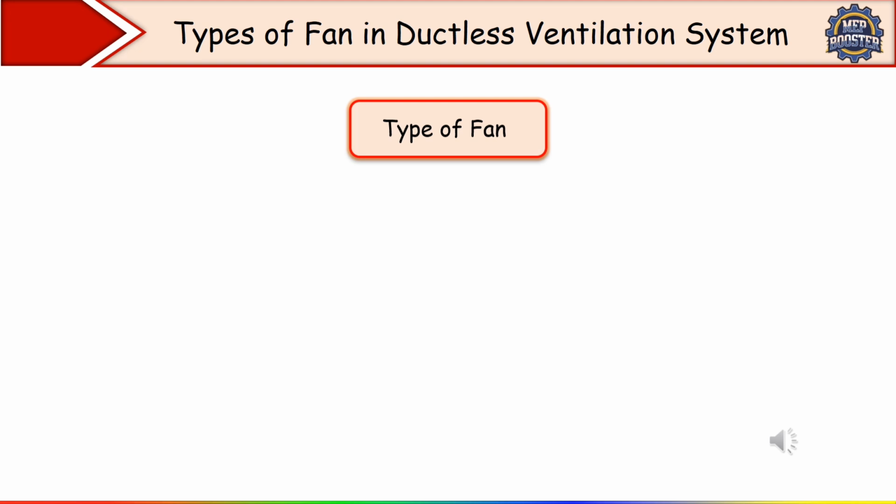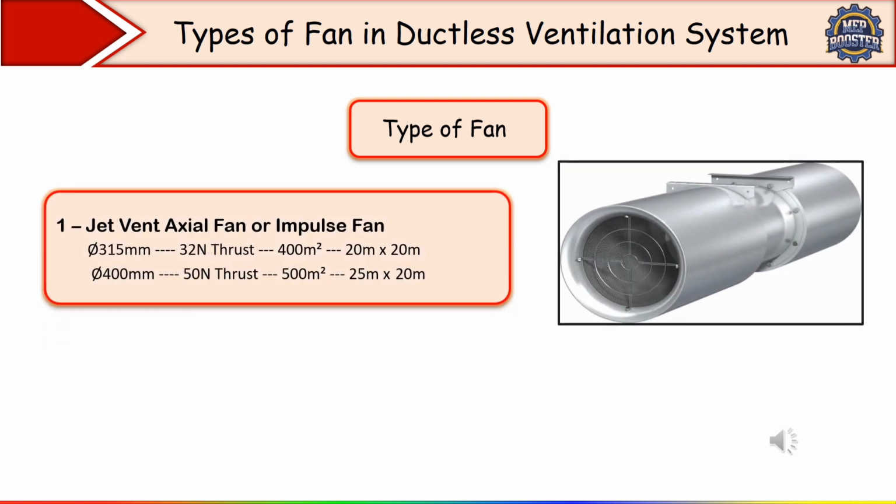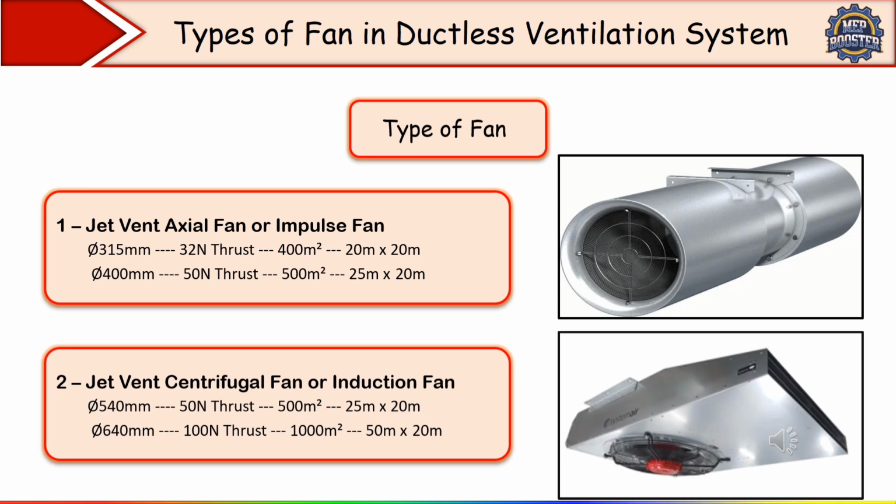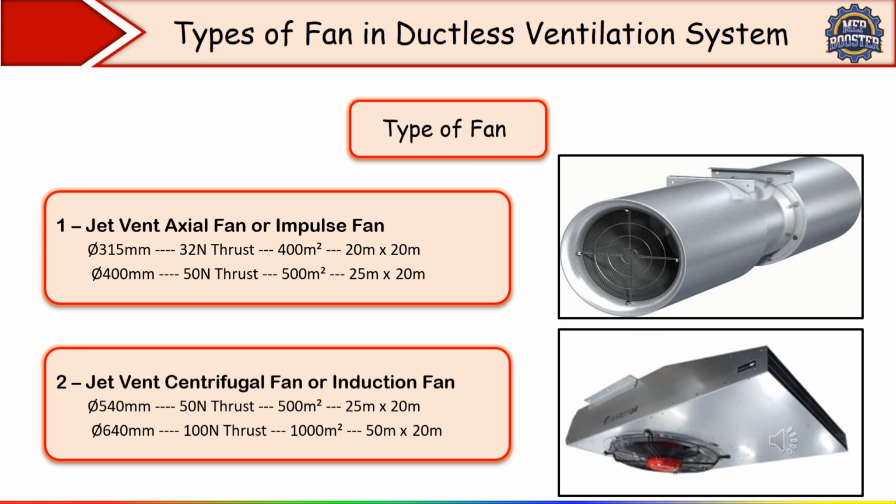There are different types of fan we are using in the ductless system. First of all, we have jet vent axial fans, or you can say impulse fans. In this image, I have shown you the jet vent axial fan. Here some standard sizes of fan are available. Suppose you need a 32 Newton thrust fan, the diameter of that fan is 315 mm, and it can cover 400 square meter area.